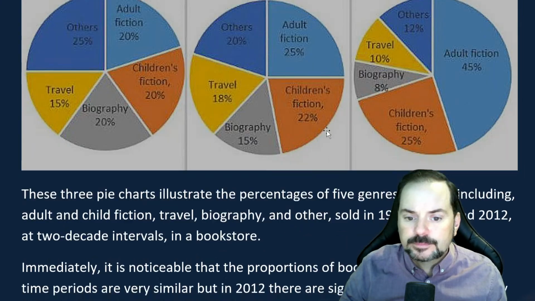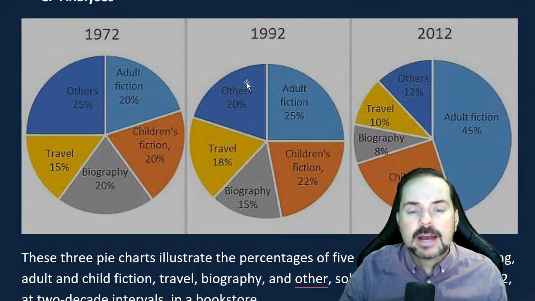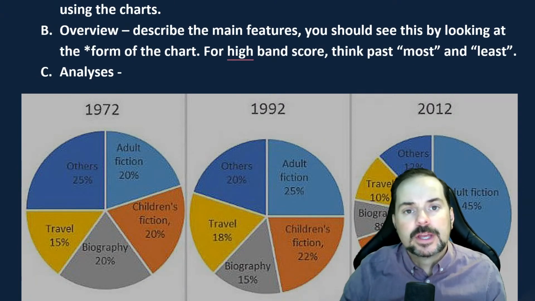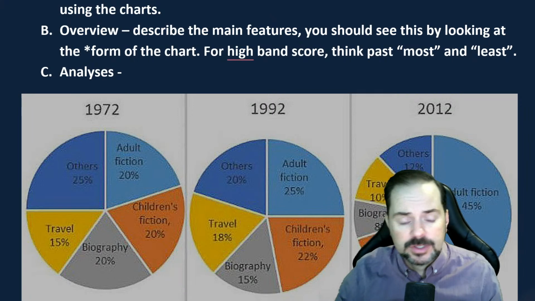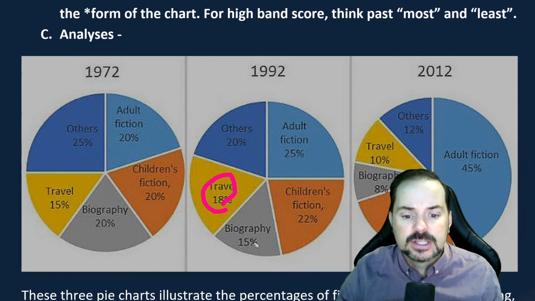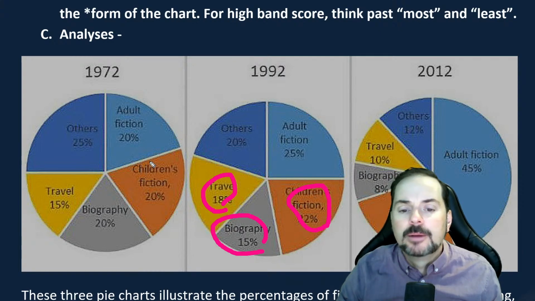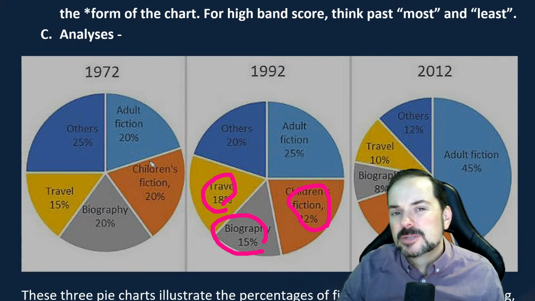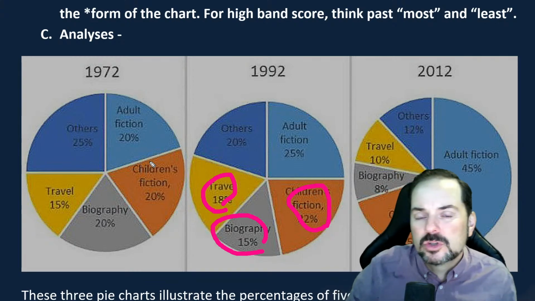Now, you have to be careful that you don't get lost in numbers and you don't report all the little tiny changes. So here, even though we see travel increasing slightly, biography decreasing slightly, children's books increasing slightly, I'm not going to specify those in too much detail because I don't want to use too much time.